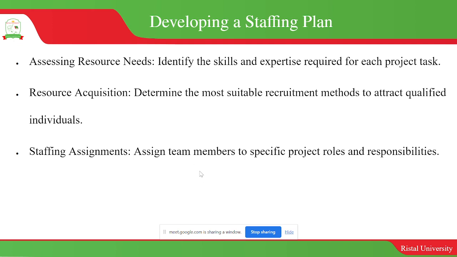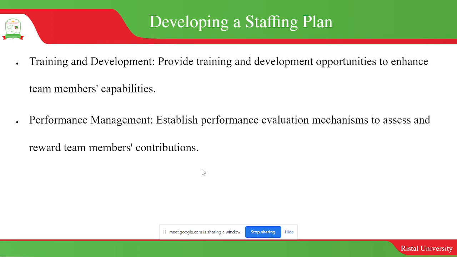Okay, so when you recruit them, you need to assign them proper roles and responsibilities. If the project is unique, it may be very difficult for you to get people with the required skill set. So you may need to train them to enhance their abilities to implement the project.